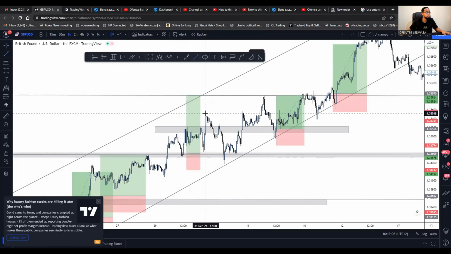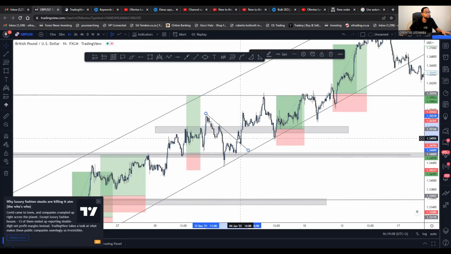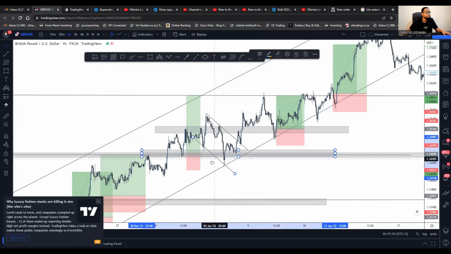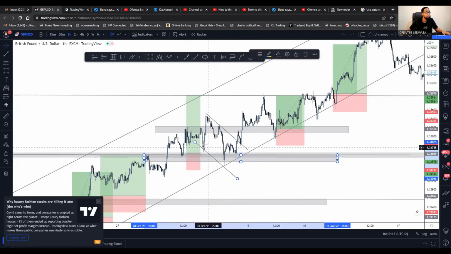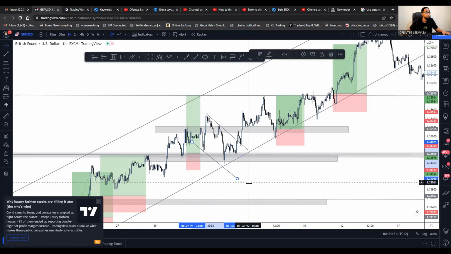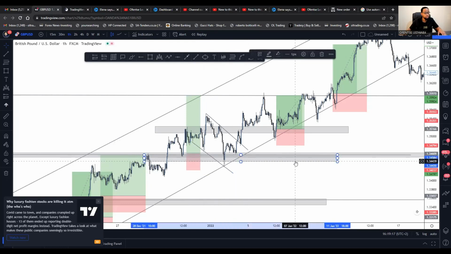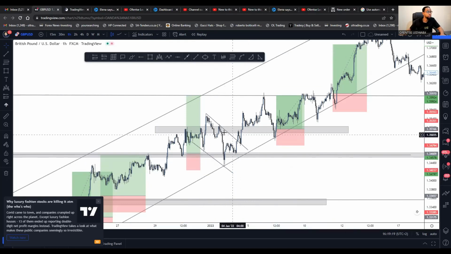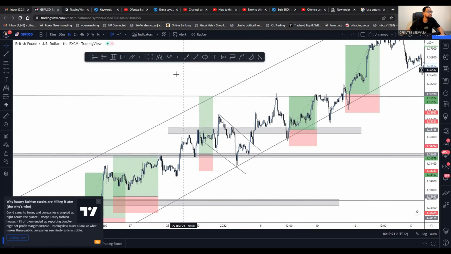So this is our pattern within a pattern. You see, it's a correction in this manner.